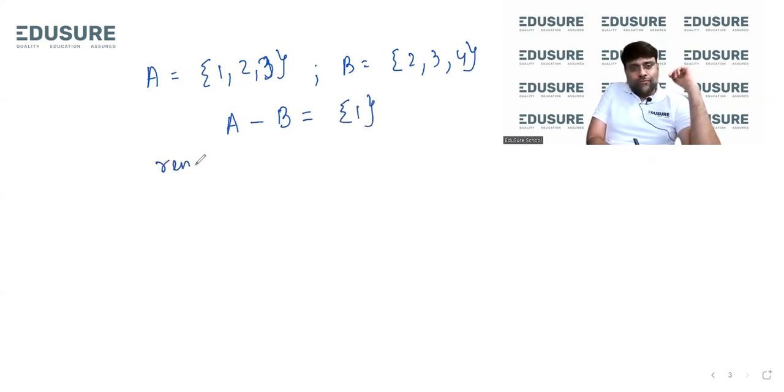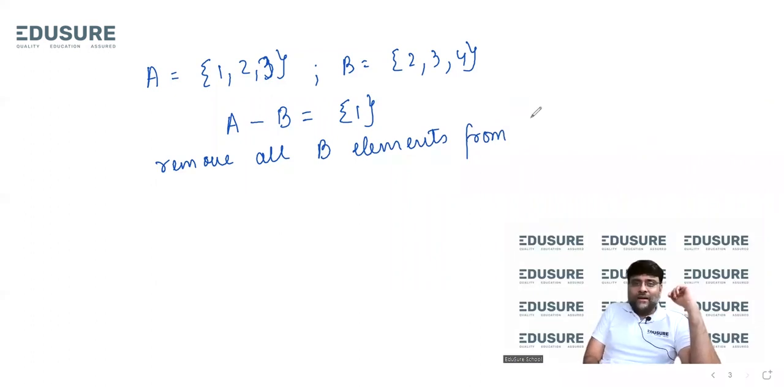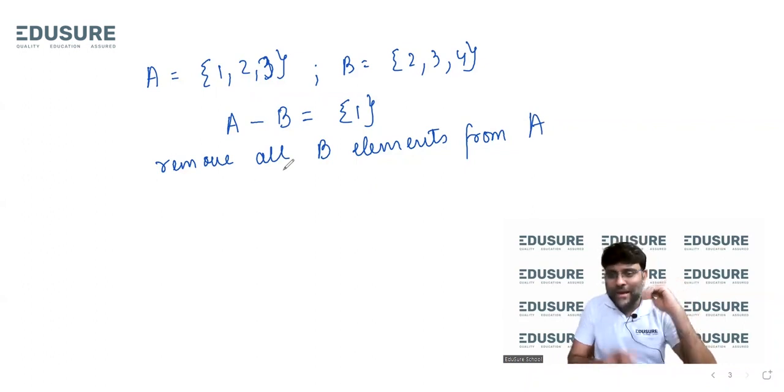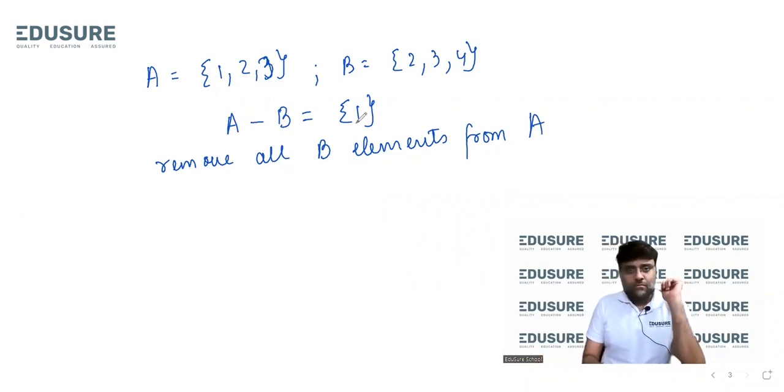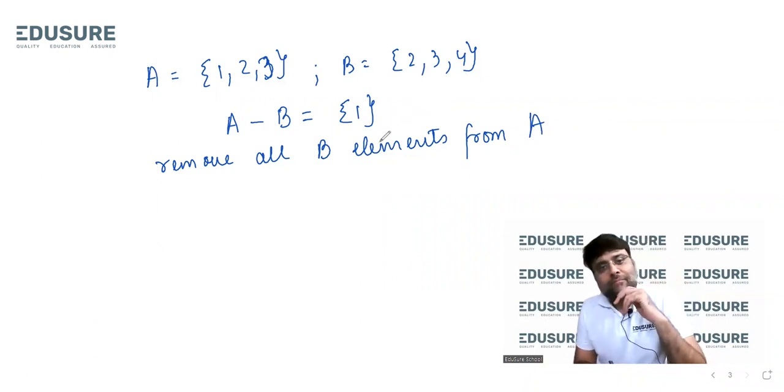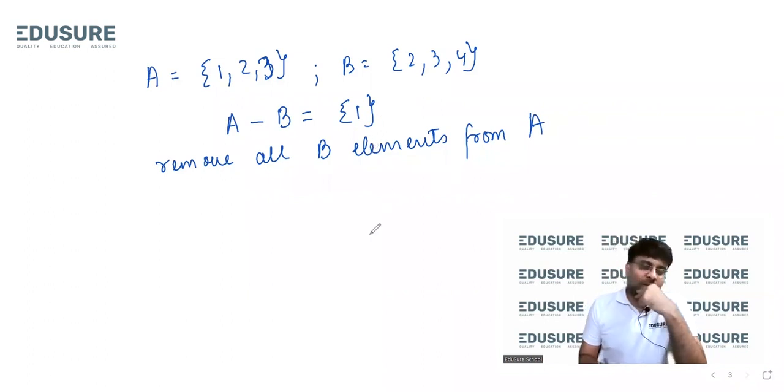Basically, remove all B elements from A. Remove all the B elements from A is A minus B. Am I making sense? Remove all the B elements from A, that will give me the set A minus B.